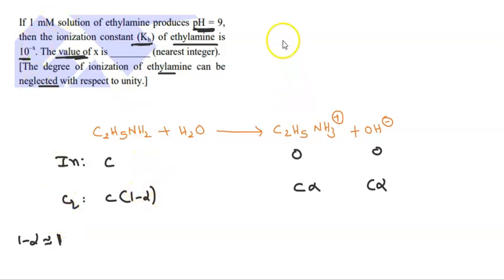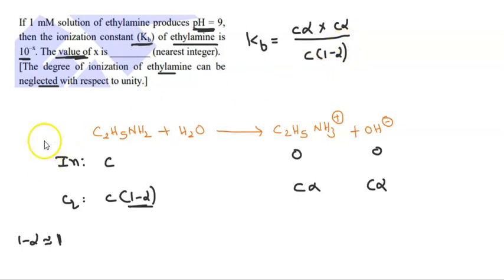Then Kb is equal to the concentration of C2H5NH3+, that is C alpha, into OH- concentration, C alpha, divided by C2H5NH2 concentration, C into (1 minus alpha).